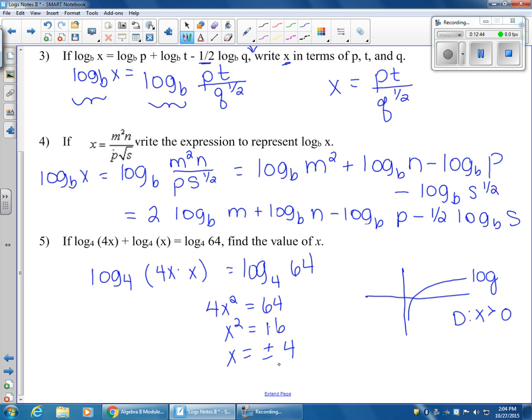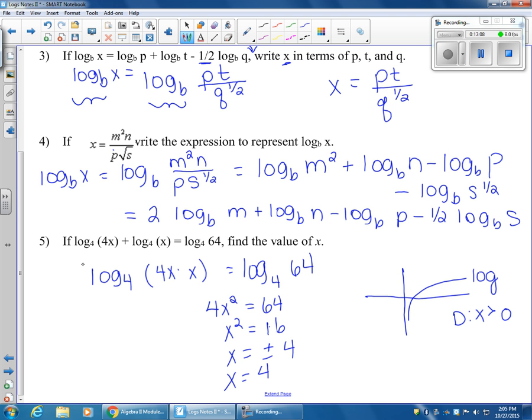So when we solve something, we have to go back and look at the original problem. It's not the -4 that makes it so that we can't use the negative number. It's taking the log of a negative number. If I go back and put -4 in here, I would be taking the log of -16 and -4. And that's why -4 doesn't work.